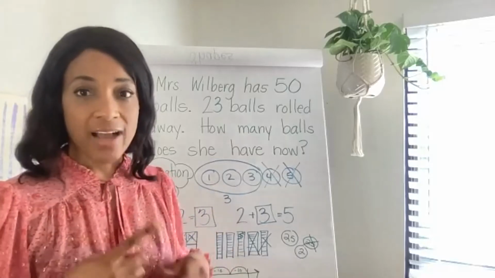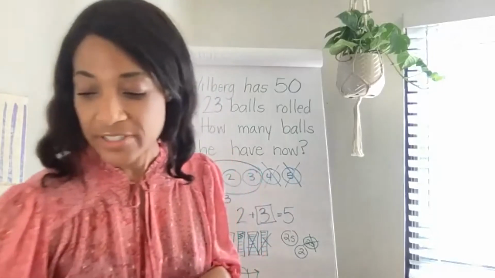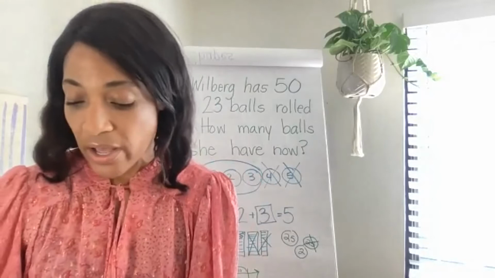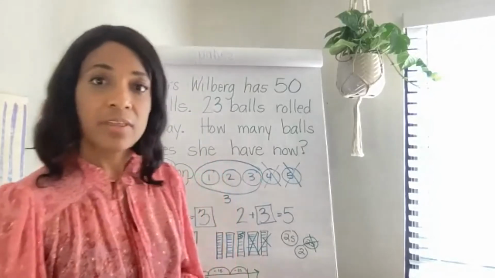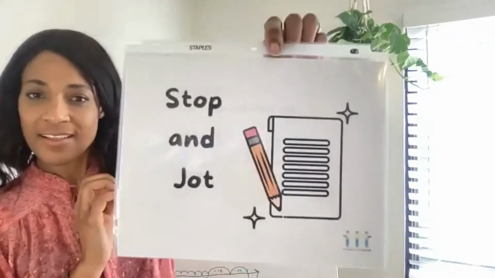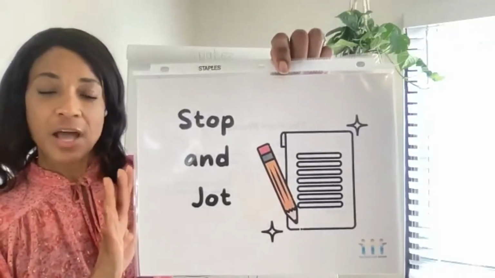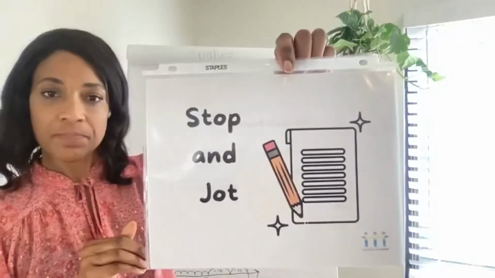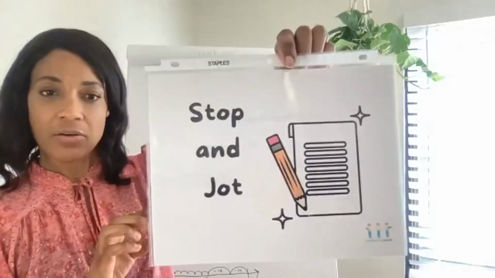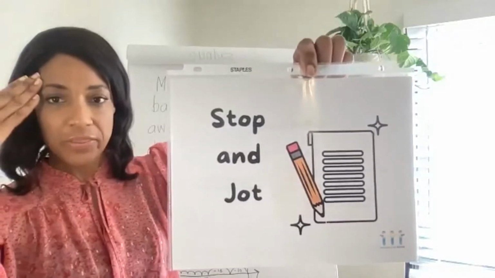I'm going to backtrack to something that happened to me yesterday in a second grade classroom. One of the strategies I use when I'm with kids is called stop and jot. During a stop and jot, I'll read the problem, I'll stop at the period, and kids need to jot down what they heard or what they saw in their mind.